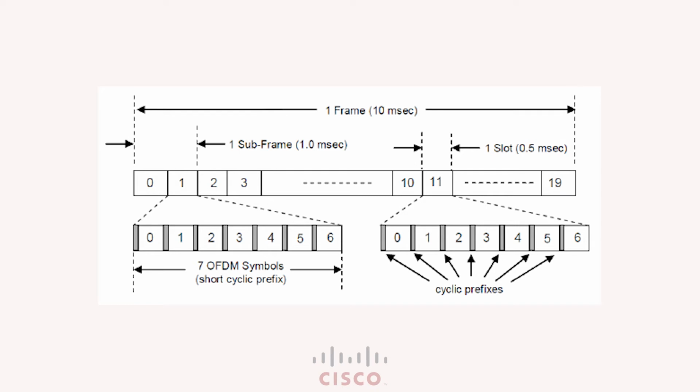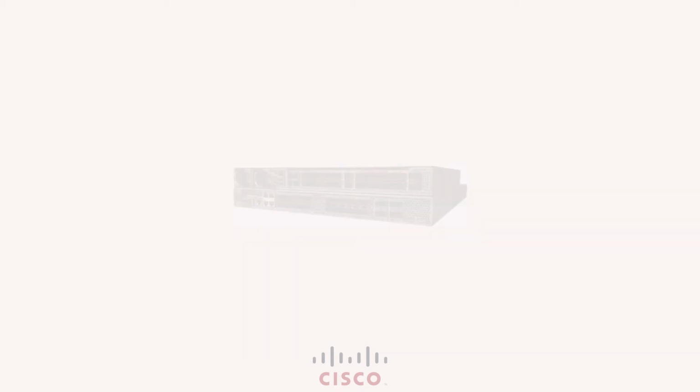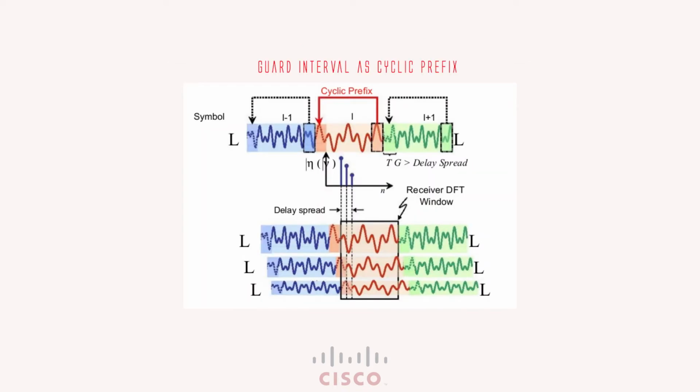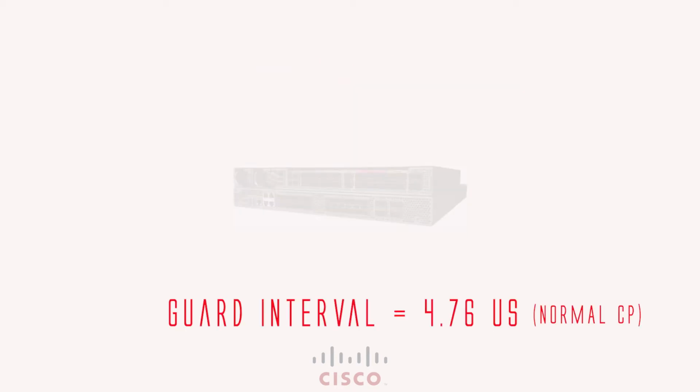These slots, or rather each slot, can have either 7 or 6 OFDM symbols, 7 in the case of short cyclic prefix and 6 in the case of long cyclic prefix. Now, to prevent intersymbol interference between subcarriers, or to make sure there is no overlapping of OFDM symbols, a guard interval is added at the beginning of the OFDM symbol, which can differ based on the time of arrival of an OFDM symbol, but for this exercise we'll consider approximately 4.76 microsecond.